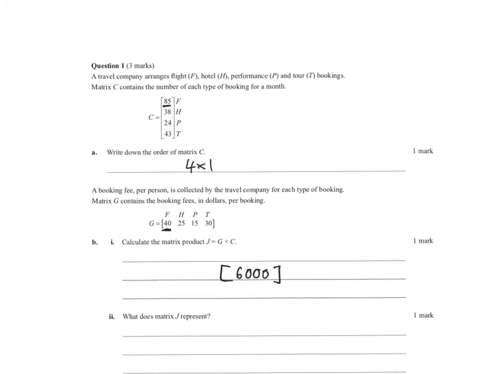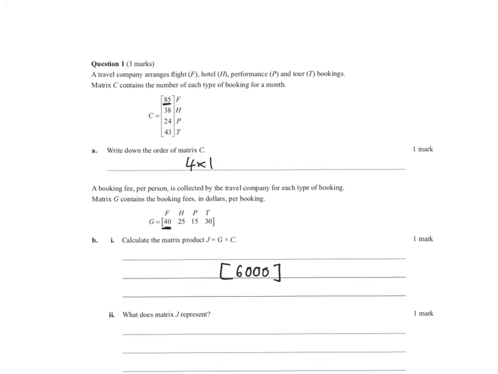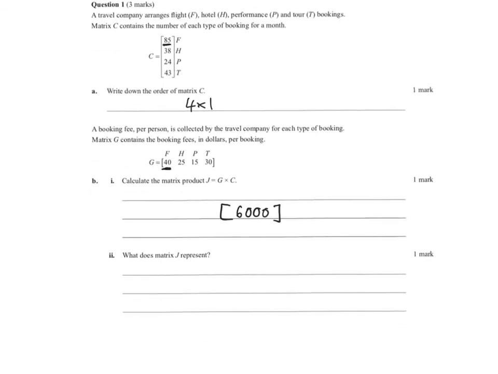But if we put it in context of the scenario, we've got a travel company with 4 types of bookings, and the cost for each of those bookings, that $6,000 represents the total amount of money that they've collected in the month. And that's from all their bookings.